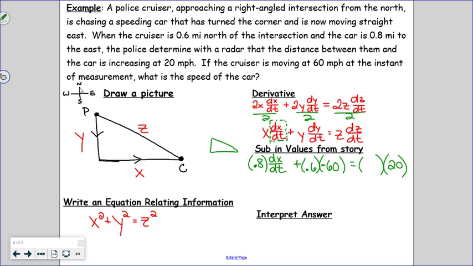They figure you can figure that out on your own. So this is 0.6, this is 0.8, this is still our unknown. Do your Pythagorean theorem. Z is 1 mile. Okay. All right, now grab your calculators and solve that for dx dt for me, please.